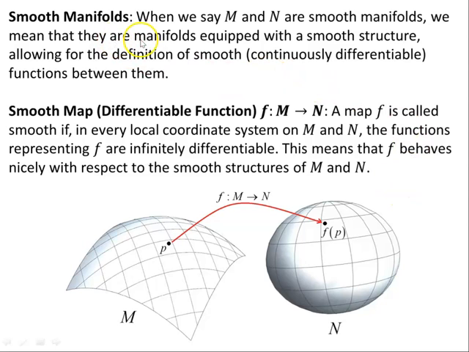All right, now smooth manifolds. When we say M and N are smooth manifolds, we mean that they are manifolds equipped with a smooth structure, allowing for the definition of smooth, continuously differentiable functions between them. So there are no sharp points where the gradient suddenly changes sign, and there are no discontinuities where F is not defined. All right, so smooth means continuously differentiable.